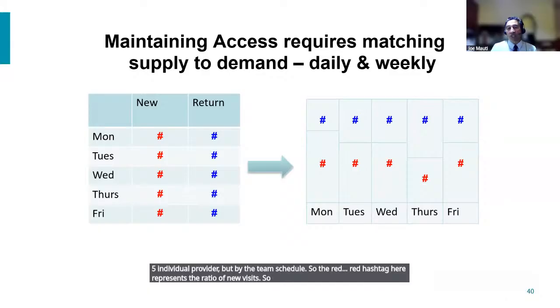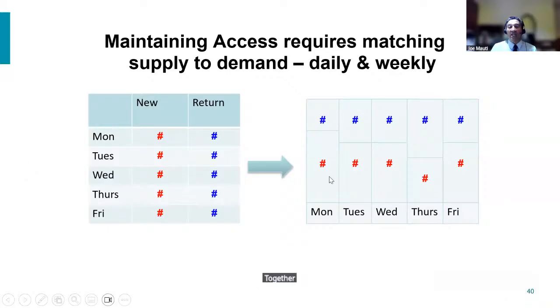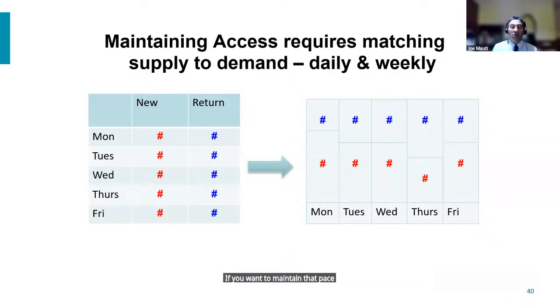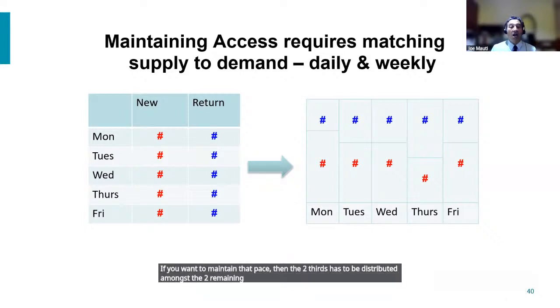So let's say it was the 2/3. So if they have 30 visits together, around 20 to 21 for all 3 would be for new visits. And let's say one week, Dr. A is at a conference learning about how AI is going to solve all our problems. If you want to maintain that pace, then the 2/3 has to be distributed amongst the 2 remaining individuals. Otherwise, the wait continues to grow.